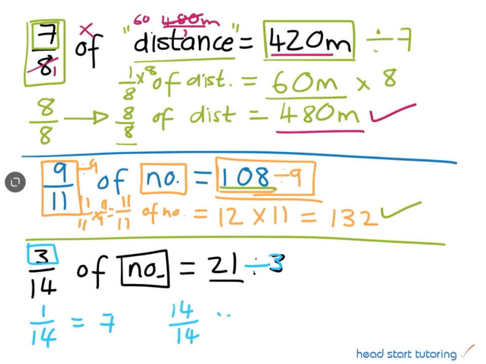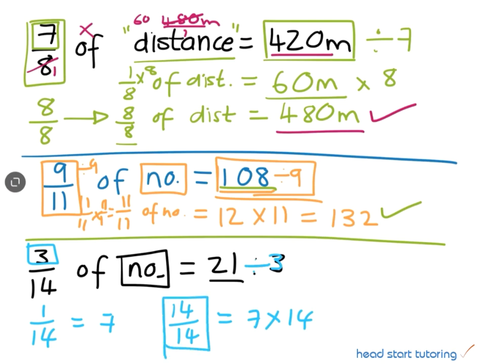14/14 is therefore going to be equal to 7 multiplied by 14, because 1 over 14 times 14 over 1, or just 14, will give us our 14 over 14.